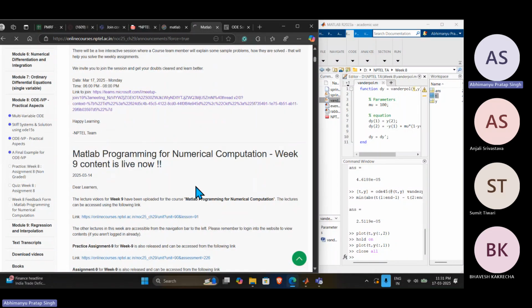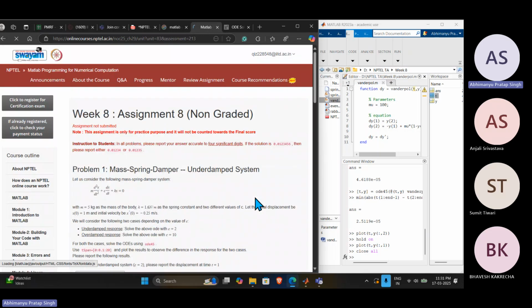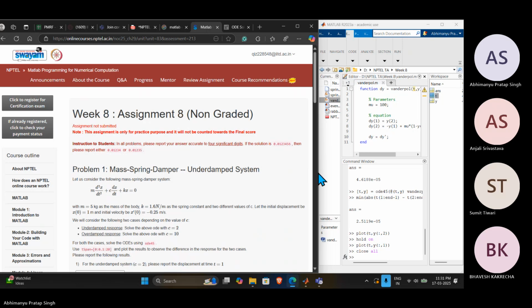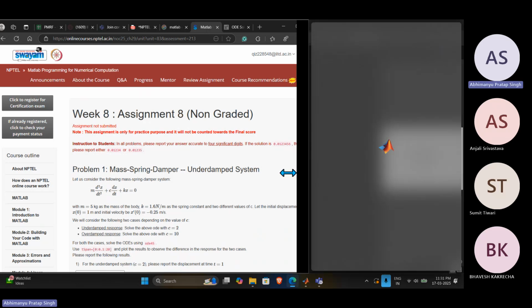So we will look at these problems, and then we will again come back to the PPT. We will look at the event detection function of the ODE solvers. Okay.